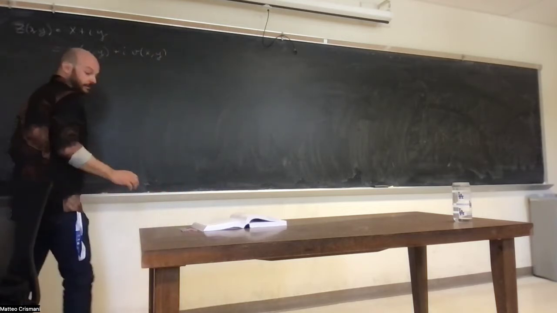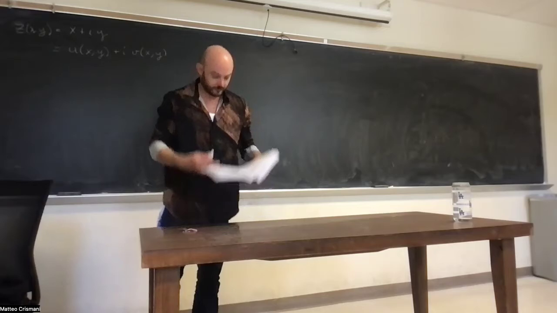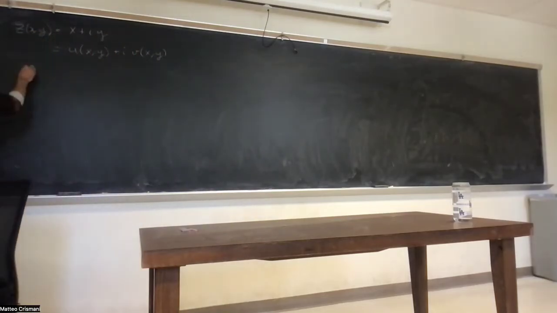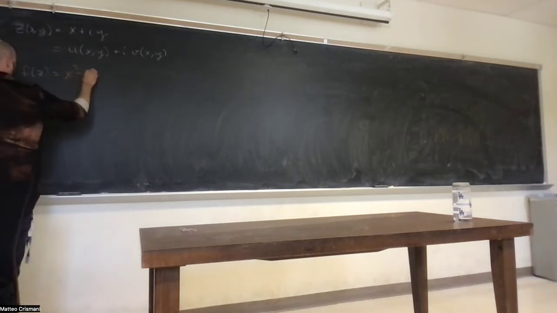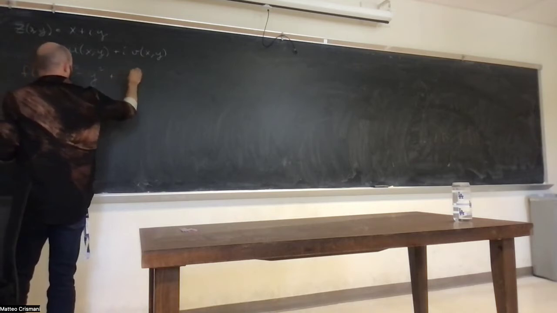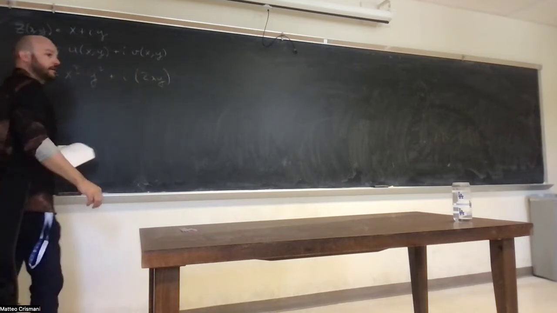Here is a function of a complex variable, f of z. I'm going to write this as x squared minus y squared plus i 2xy. Is that okay?